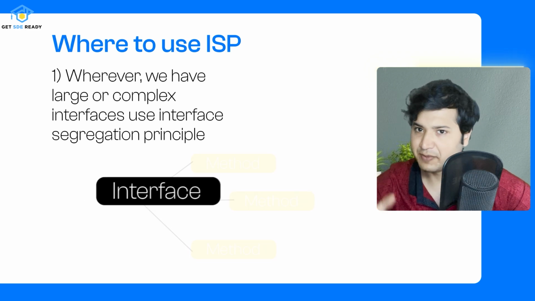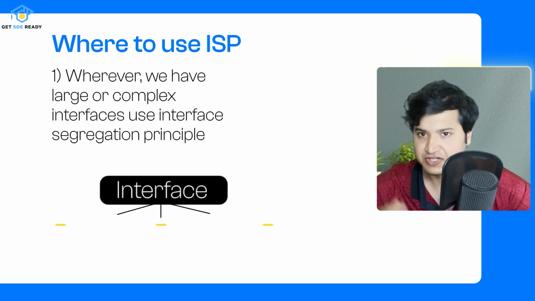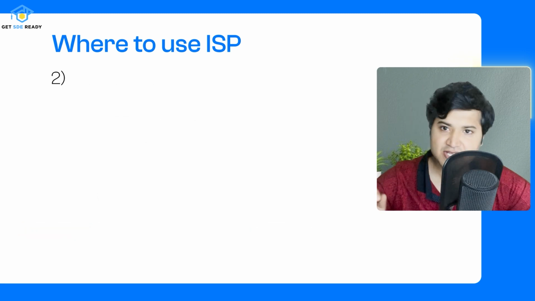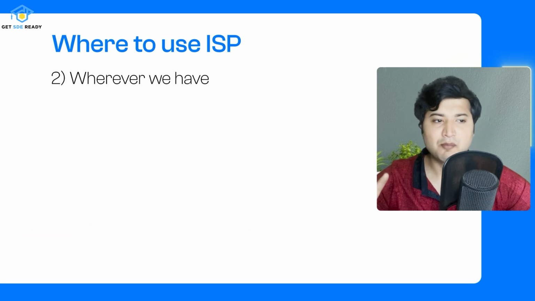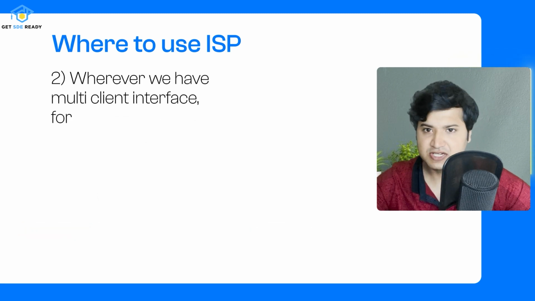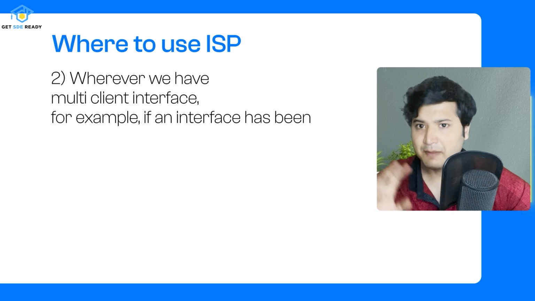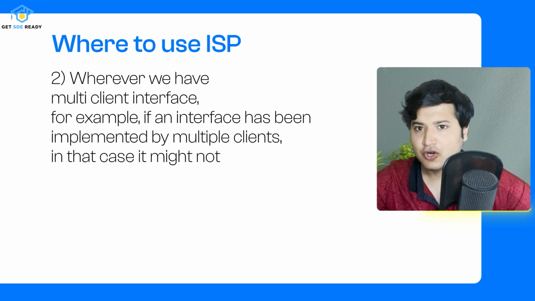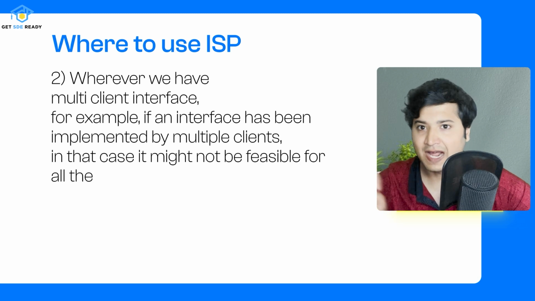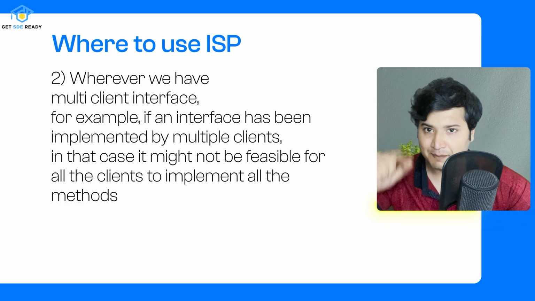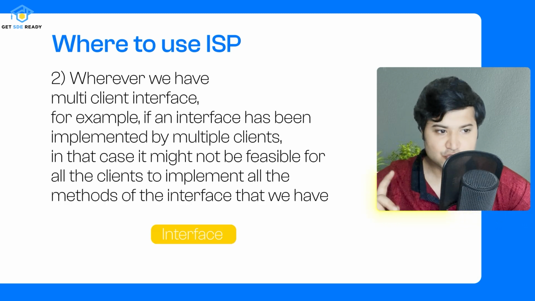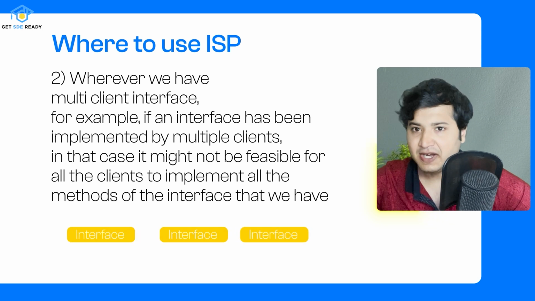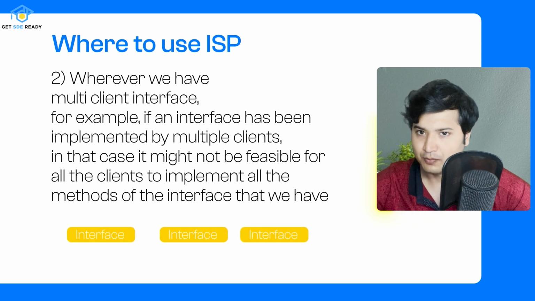So always break down bigger or complex interfaces into smaller interfaces. Second, wherever we have multi-client interface, for example, if an interface has been implemented by multiple clients, in that case, it might not be feasible for all the clients to implement all the methods of the interface that we have. So, in that case, breaking down this interface is much more beneficial.